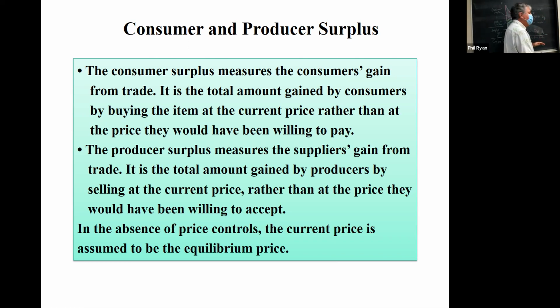It's all over dQ, so we can put them together, and it's going to be equal to the integral of D(Q) minus S(Q) dQ, and the price doesn't really matter, because the price just determines whether the gain goes to the consumer or the producer.